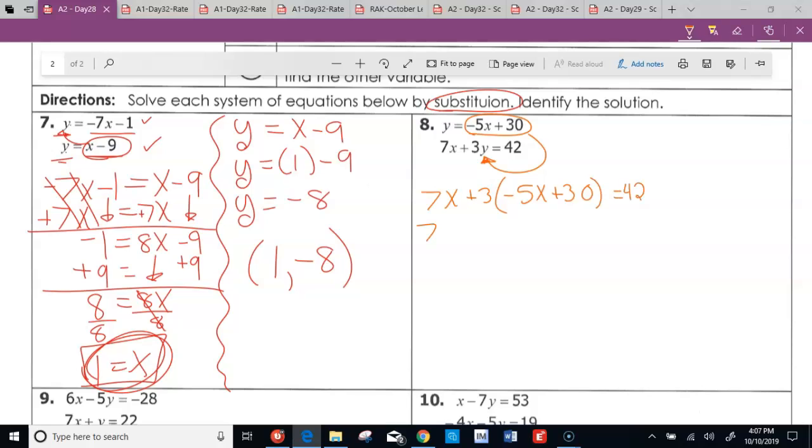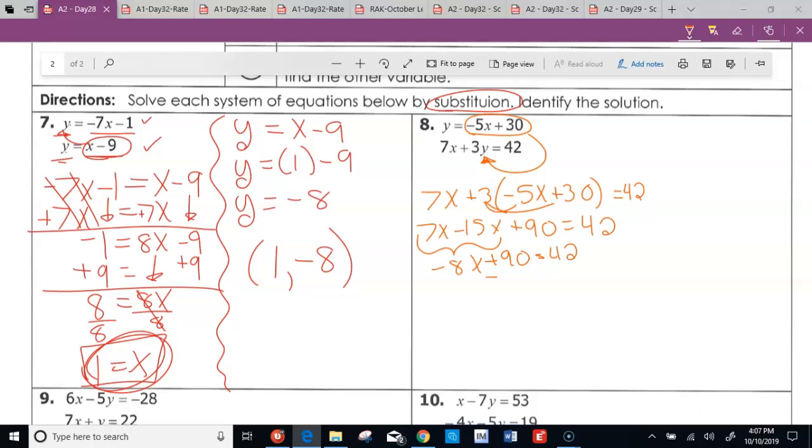I'll use distributive property. 3 times negative 5x is negative 15x. 3 times positive 30 is positive 90 equals 42. If I combine my like terms, 7x minus 15x's is negative 8x's plus 90 equals 42.